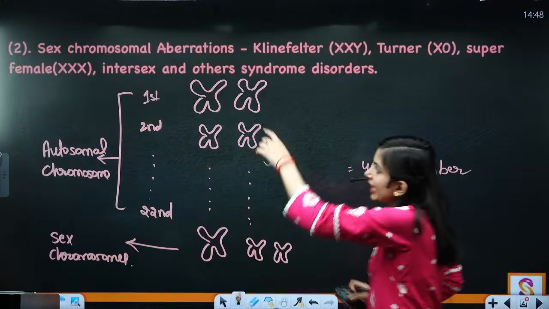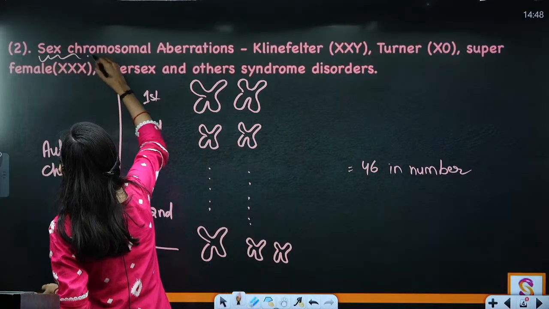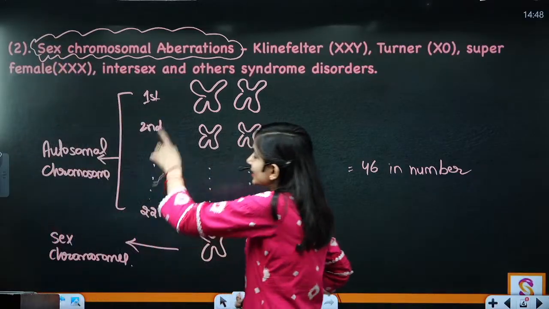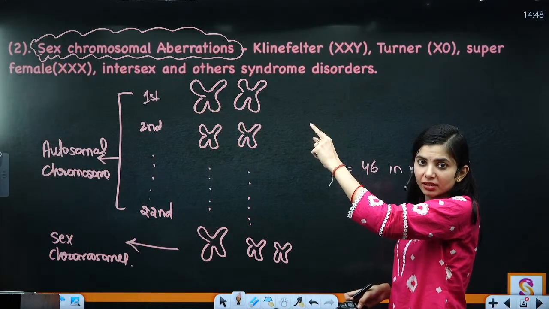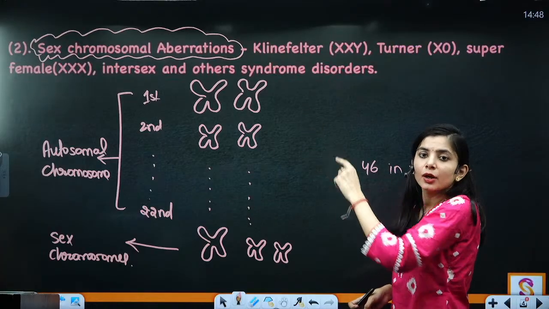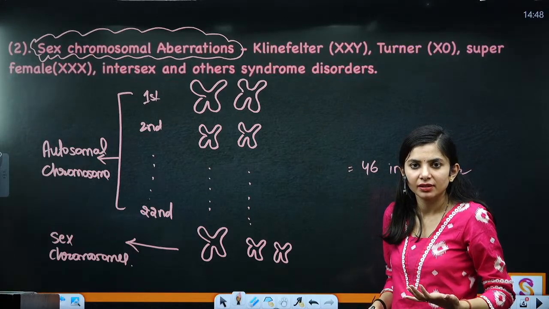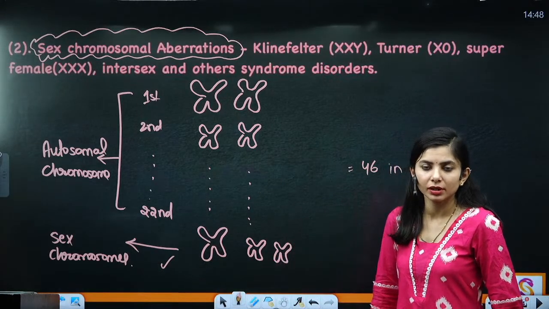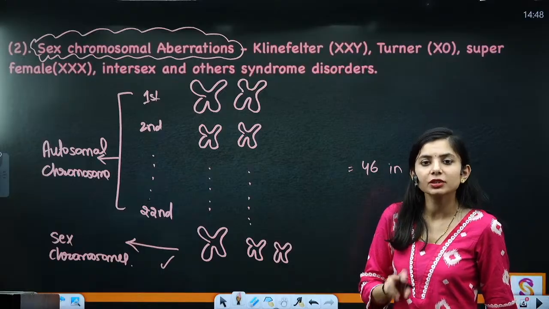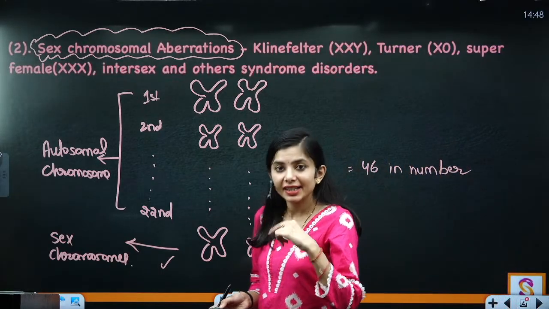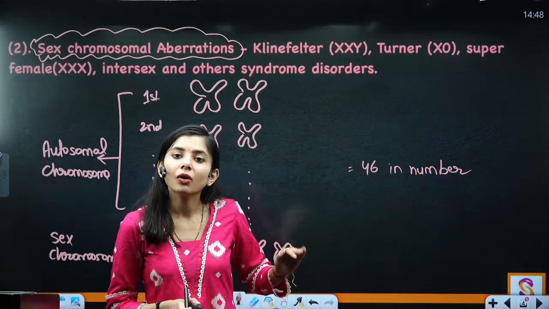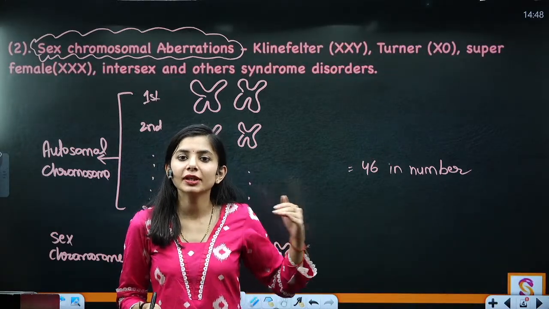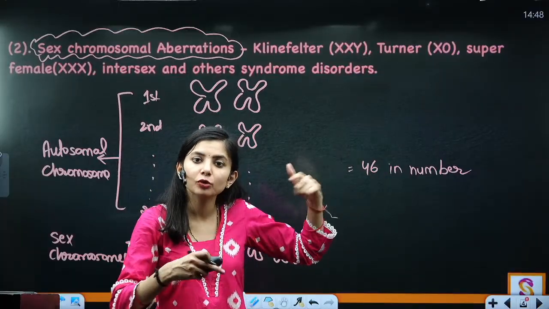Now, when I am saying there is sex chromosomal aberration, where can I see the change? The change would be evident only in the 23rd chromosome. It means quite possibly there may be addition in the 23rd chromosome, or there may be deletion. If there is addition, then this 46 is going to be more.